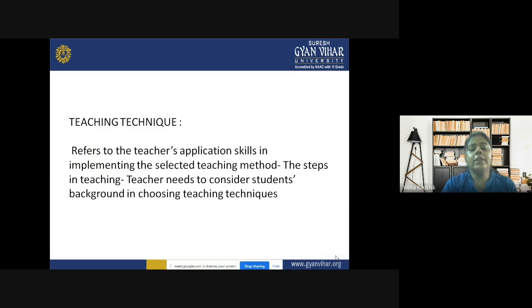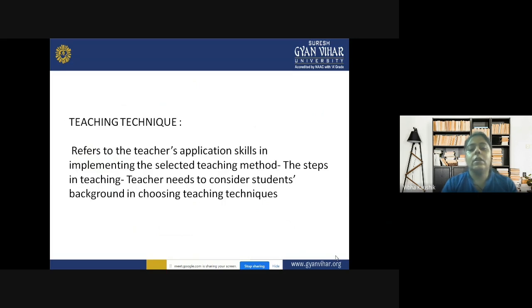Now, teaching technique. What do you mean by the concept of teaching technique? It refers to the teacher's application skills. Means when we are talking about the teaching techniques, it refers to the teacher's application skills in implementing the selected teaching method.